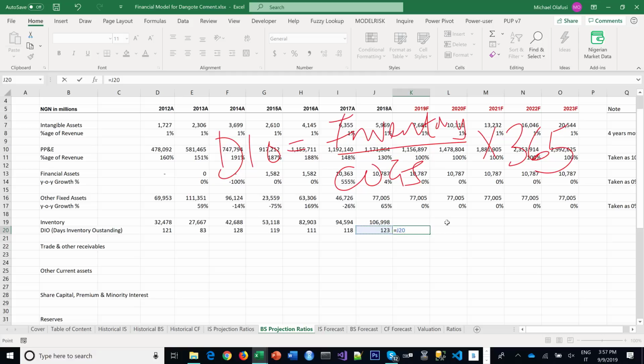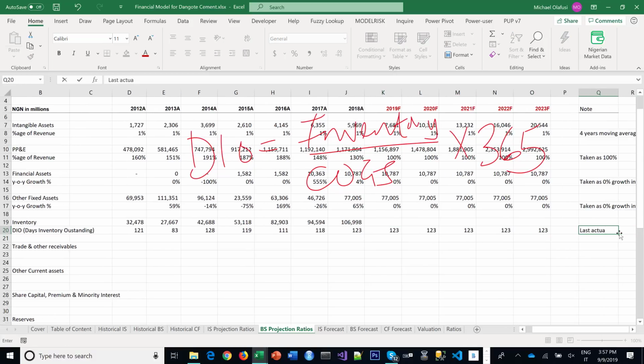But if I do not have any of those privileged information, just you pick the last actual and drag into the future. So I can see last actual projected forwards. So I just use the last actual as is into the future.